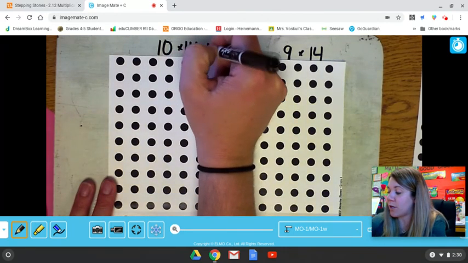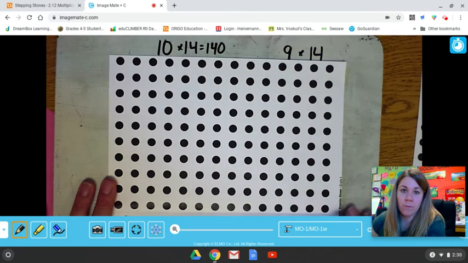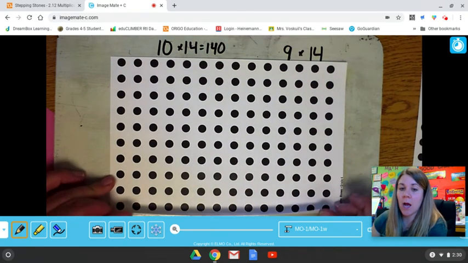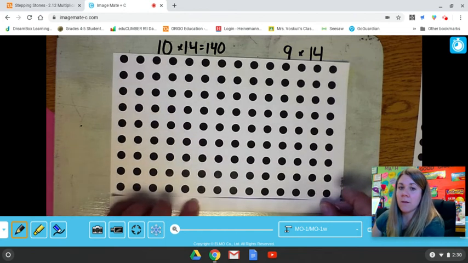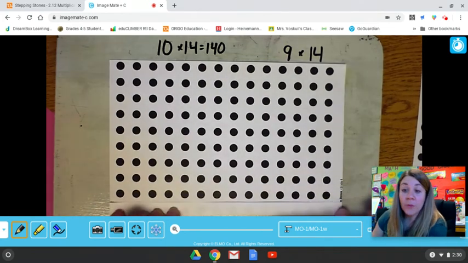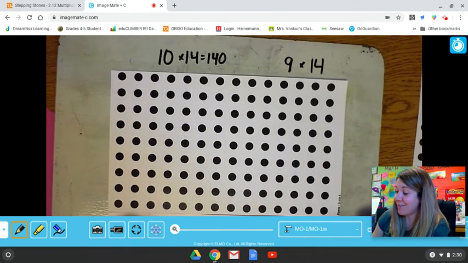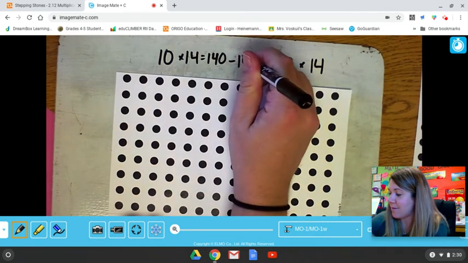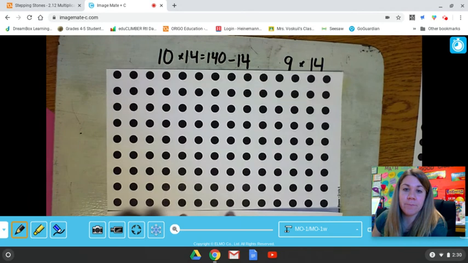10 times 14 equals 140. So when I have 9 times 14, watch me, I am covering up one row of 14. So I am going to subtract 14. I'm at 140.